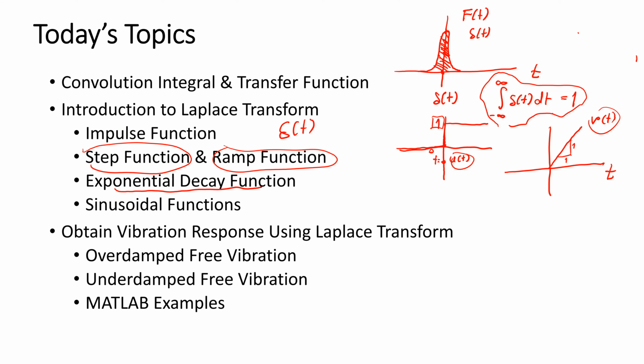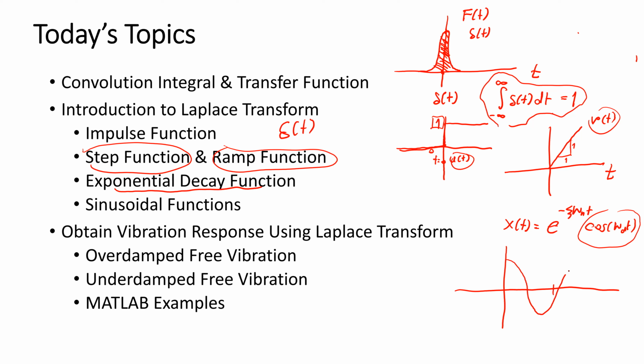Exponential decay. Many times when we derive the response of vibration, we see something like e to the power of minus zeta omega_n t times cosine omega_d t. This means the response of the vibration is a cosine function with omega_d, and omega_d gives the idea of the period of the vibration.